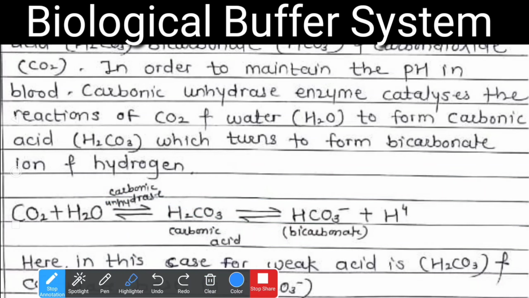Here you can see that equation. The carbon dioxide and the water react together to form H2CO3, that is none other than carbonic acid. And we call that enzyme carbonic anhydrase.